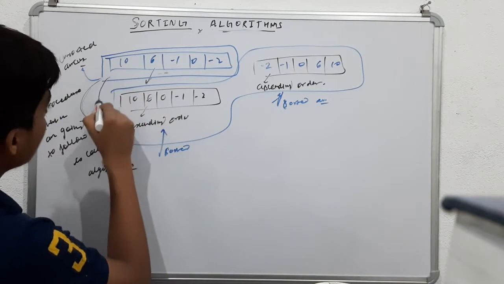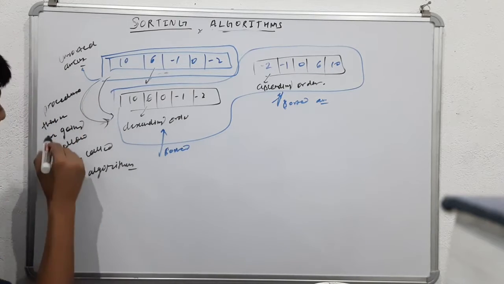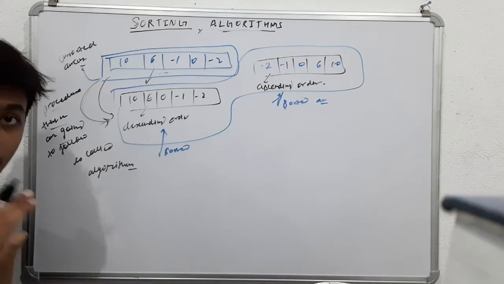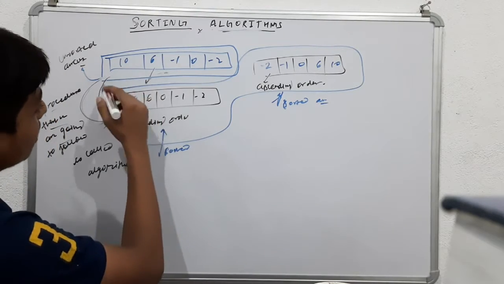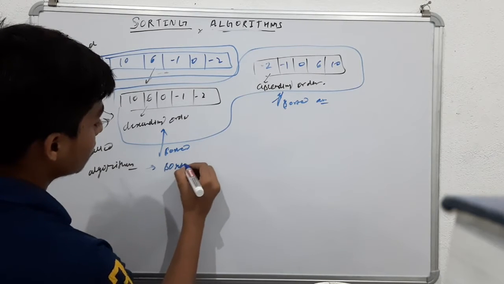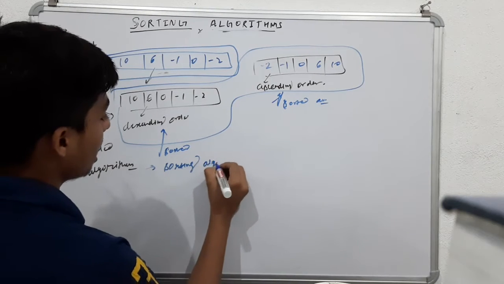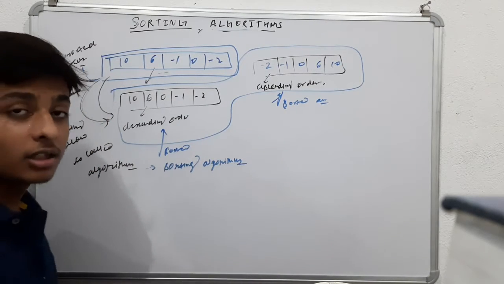From an unsorted array to a sorted array, all the steps or the procedure that you will be following to get the sorted array from an unsorted array is called an algorithm. And as this algorithm sorts an array, we call it a sorting algorithm. So this is the basic idea of the sorting algorithm.